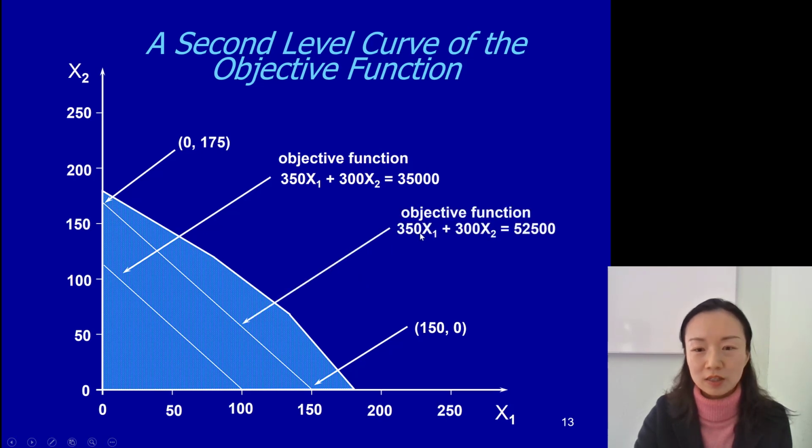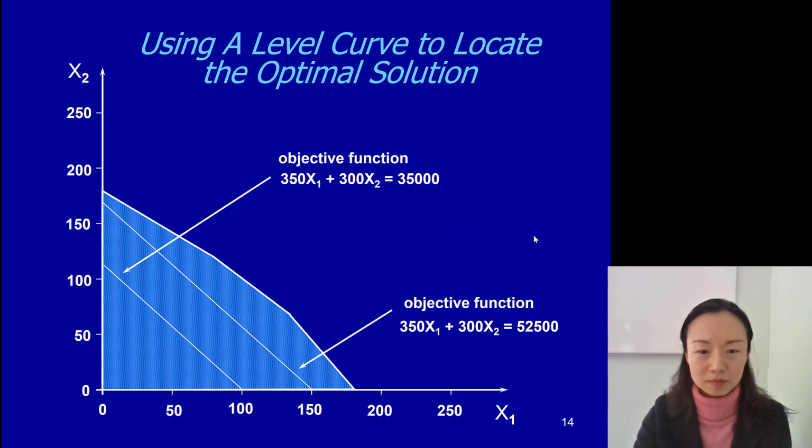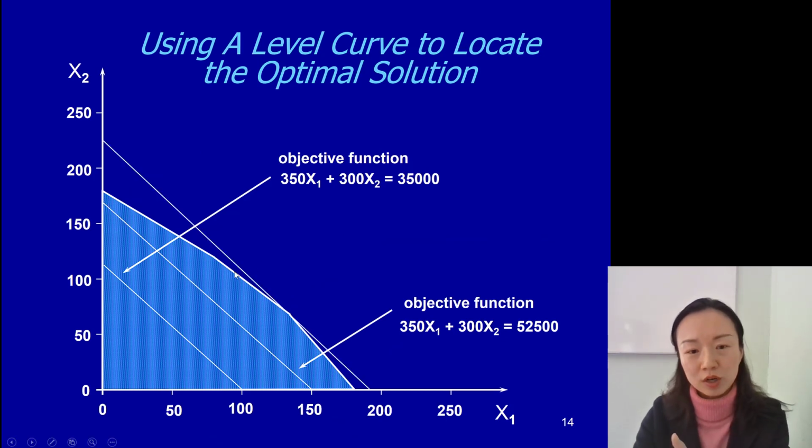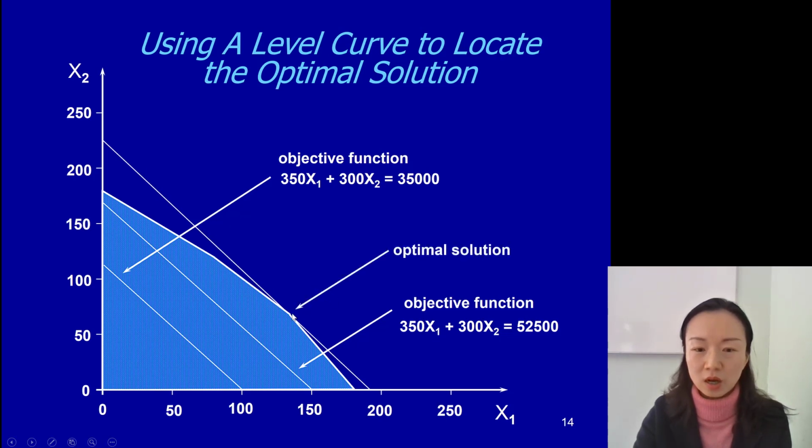And that would give us another objective function, which is 52,500. And you notice that when we go from this first level curve to the next level curve, our objective function value increased from 35,000 to this current value. And we can keep going, pushing outwards in this direction, and then we get another line that has the same slope, but gives us the optimal solution at this point here.